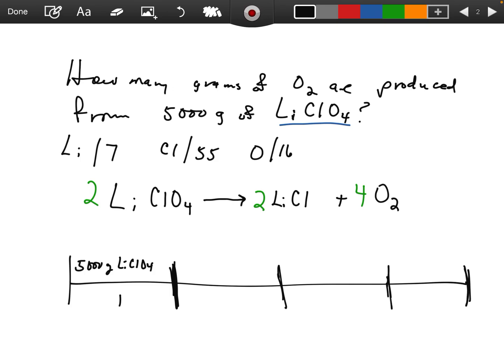And so then we're going to have to find the molar mass of lithium perchlorate. We're just going to look at lithium perchlorate. We're not going to use this 2.